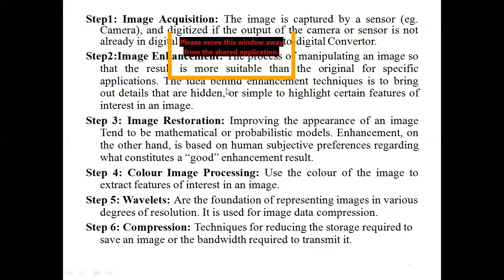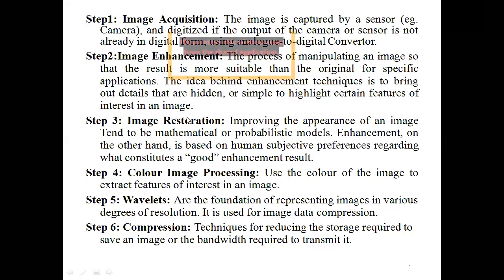The idea behind enhancement techniques is to bring out details that are hidden, or simply to highlight certain features of interest in an image. So if noise is included, we delete it, and the hidden information in the image gets highlighted. Okay, based on the image.